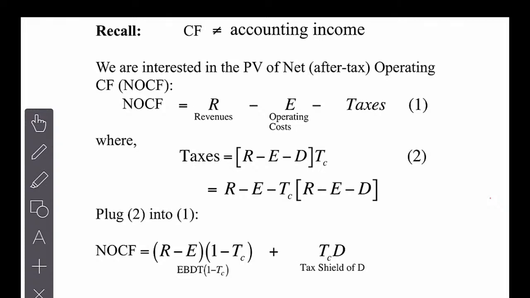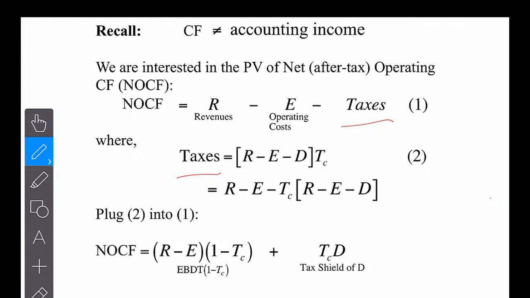So net is revenues less expenses or operating costs, less taxes. Oh, sorry, let me go back one step.